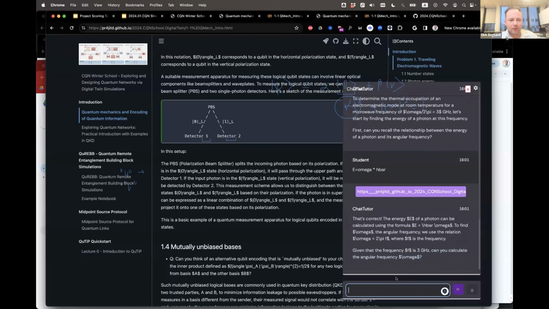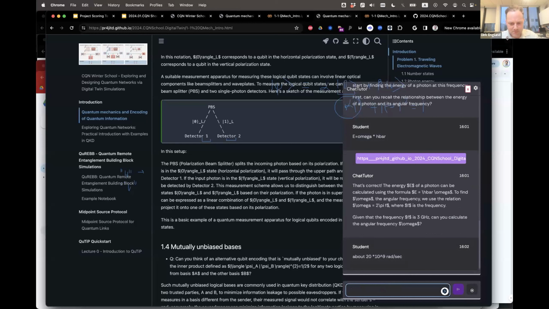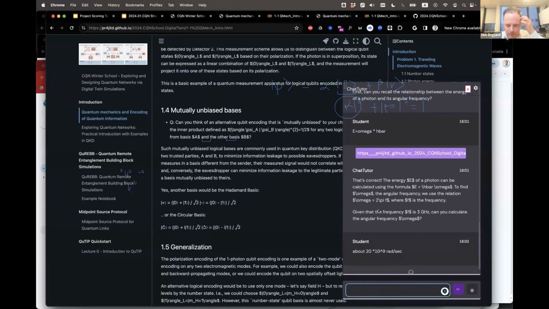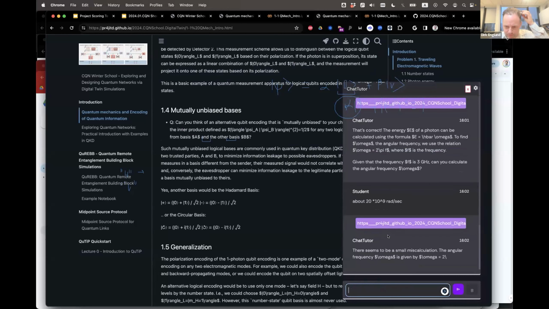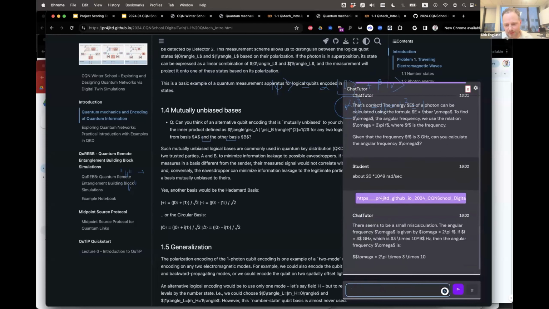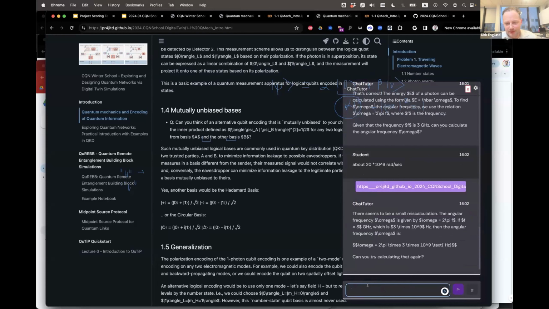Well, it would be 3 gigahertz times 2 pi, which would be about 20 times 10 to the 9 radians per second. Okay, it's being very careful there. It's right. That's roughly what we had estimated.